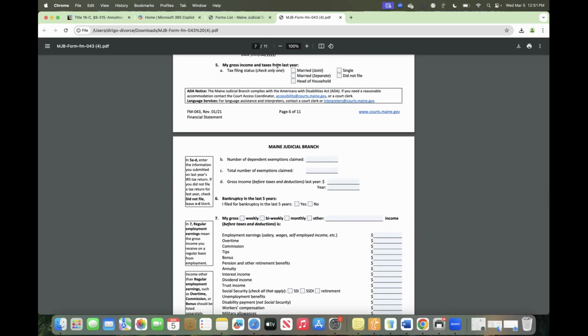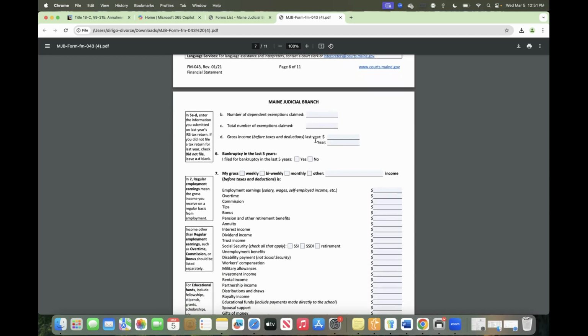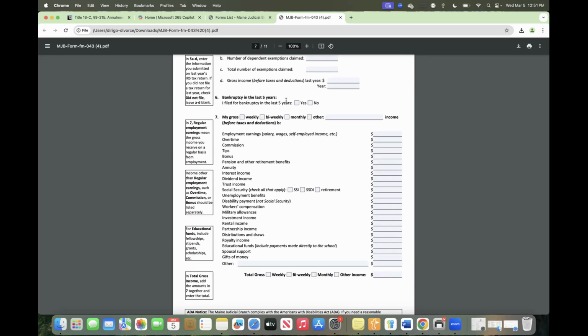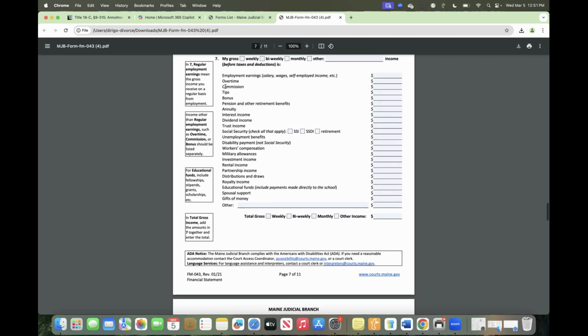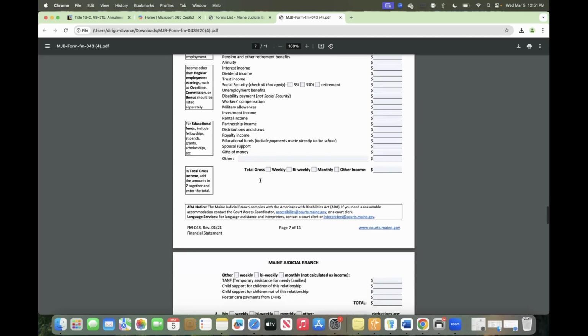My gross income and taxes from last year, how did you file it? How many exemptions? That information is going to typically be on the first couple pages of your last tax return. Have you filed for bankruptcy in the last 5 years? Yes or no? My gross weekly, biweekly, whatever income before taxes is, and you would list all of these things here. And just take a look over here because there's a lot of examples of what income might be considered. So pay attention to that.